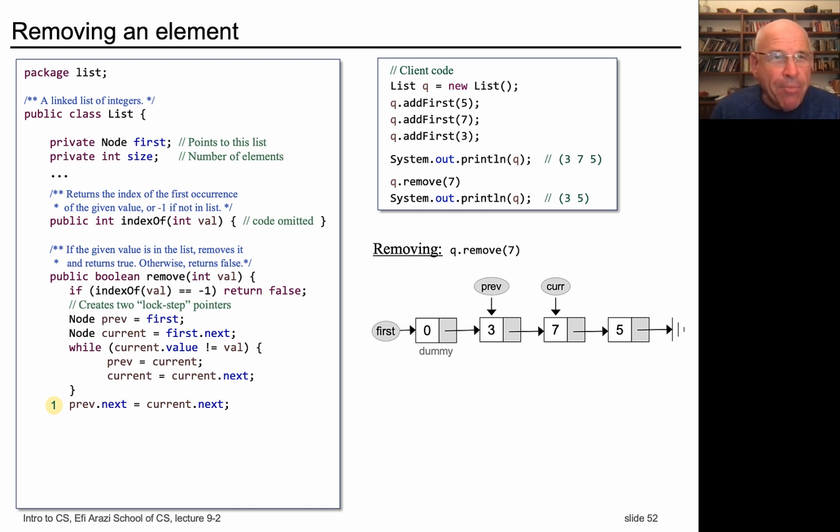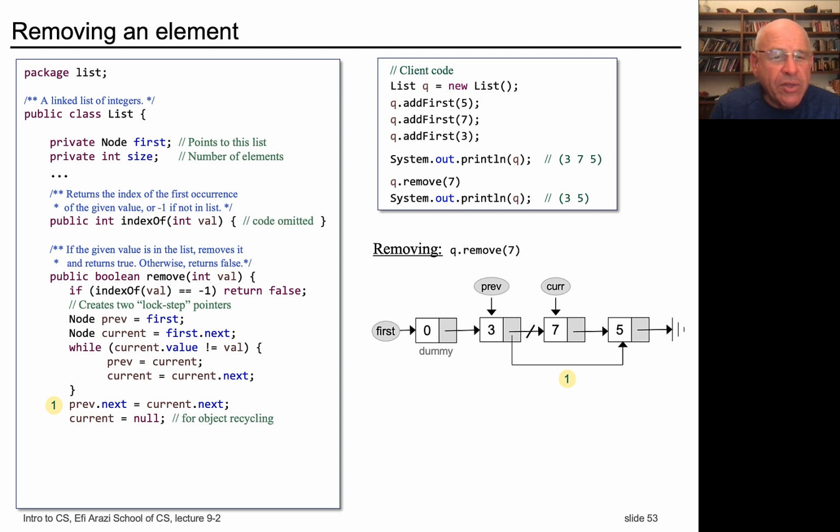This is like a bypass operation. See, I effectively do this. Okay, once again, prev.next equals current.next, and I skipped current. So the node that current points at is now ignored from now until the end of the program execution. You know, the list does not contain this node anymore.